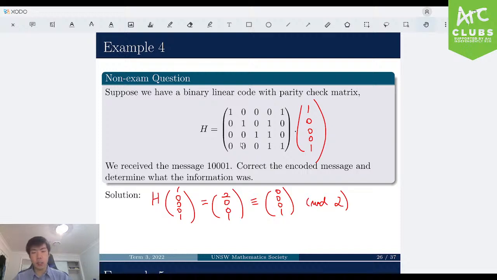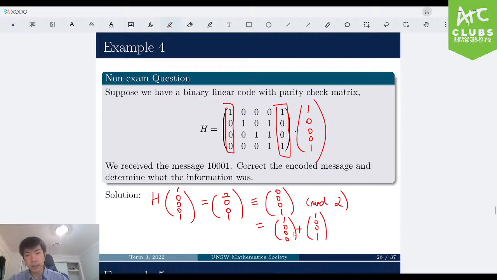But what do we realize? We realize that this vector, 2001 or 0001, is just the summation of this column and this column. And so we know that this is equal to 1000 plus 1001. So there must be an error in the first and fifth position.